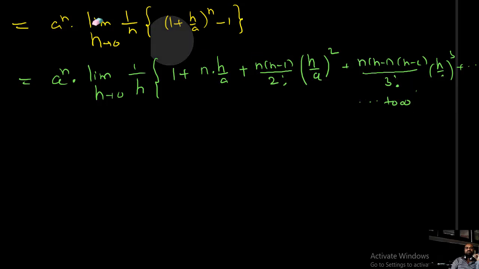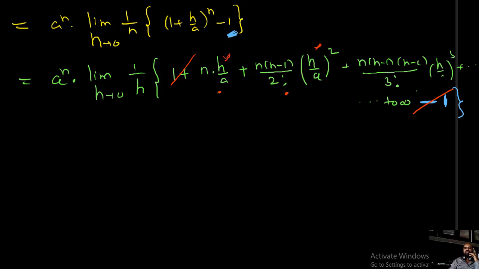After that, minus this one is there. No, this one I want to write 1. Now I want to close the bracket. This one gets cancelled. Now from the second term, third term, all terms I want to take h common. So what happened? I will show you, students. Listen. This is a power n into the limiting value of 1 by h. Now I want to take h common.